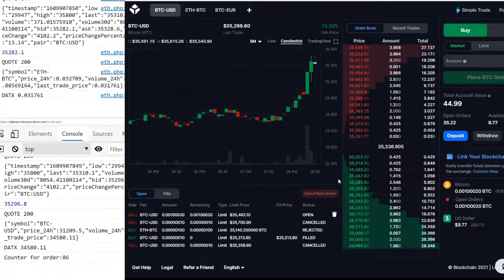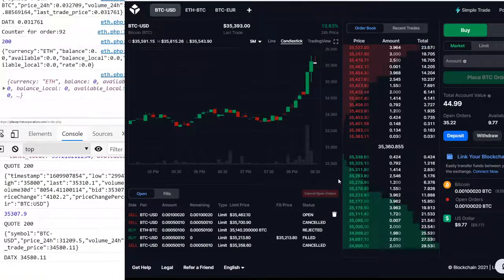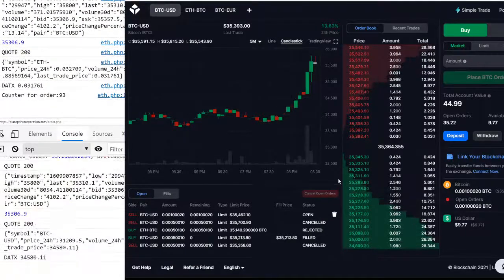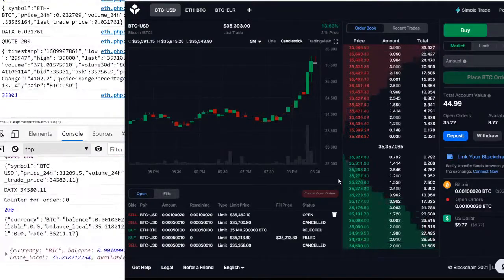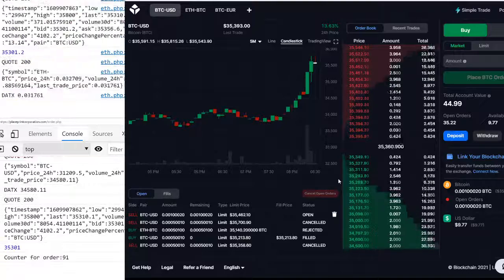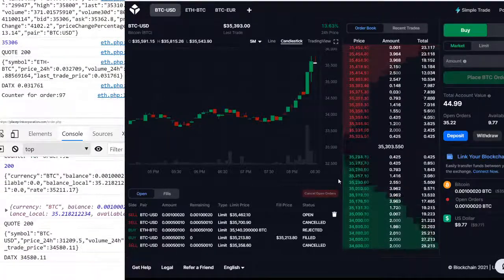I'm a little confused, frankly. Both of our sell orders were just canceled, and now the sell orders are 35,462. I coded this, but it's definitely behaving a little bit differently than I had anticipated.